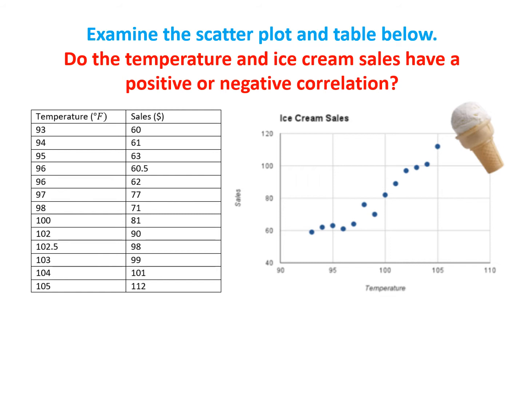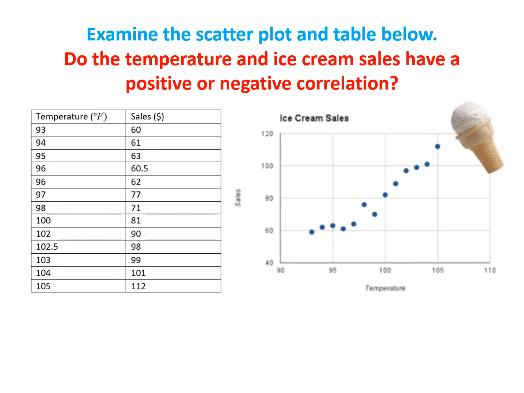And this time we do have the table, and last week I think I used sales to be the number of ice cream cones sold, but now when we look at the table, these numbers represent the amount of money, so how much they're making in ice cream sales.